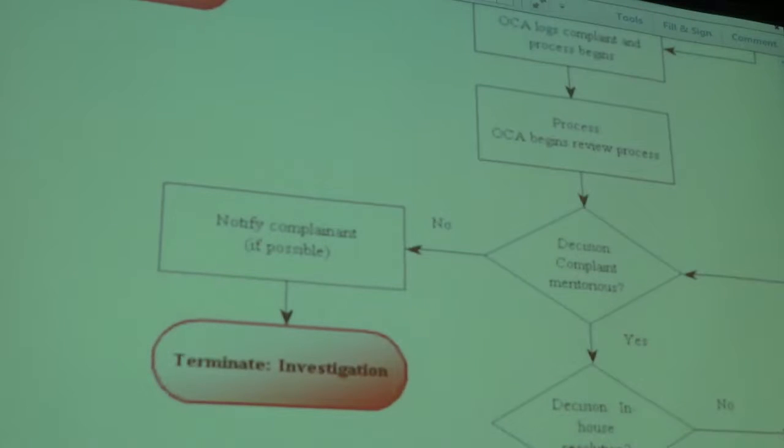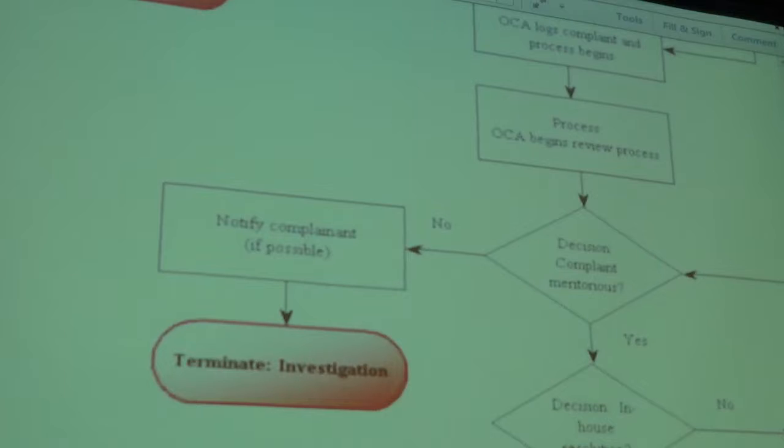Once the process is initiated, another critical decision point needs to be taken into account, and that is: does the complaint have any merit or standing, as it's called in the legal profession? Does the client have standing?